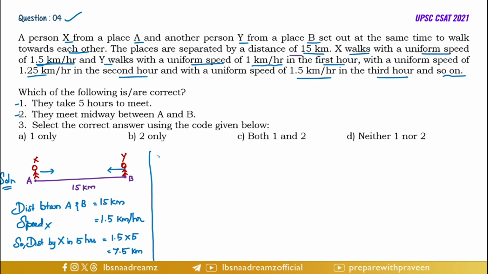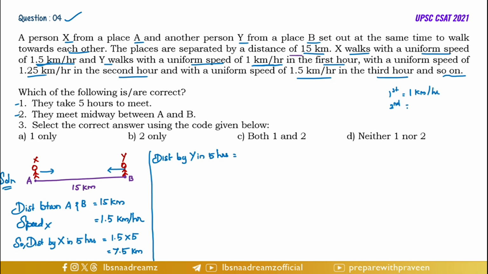Now let us check the distance covered by Y in 5 hours. In this case, Y is increasing his speed. In the first hour he is walking 1 kilometer per hour.